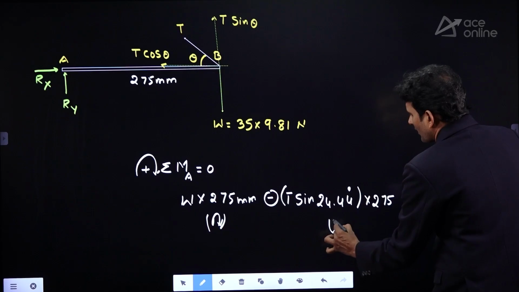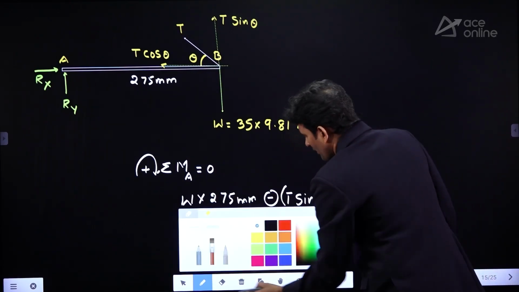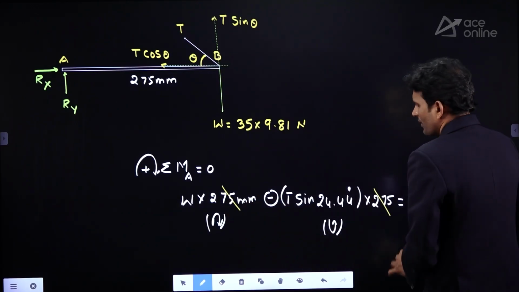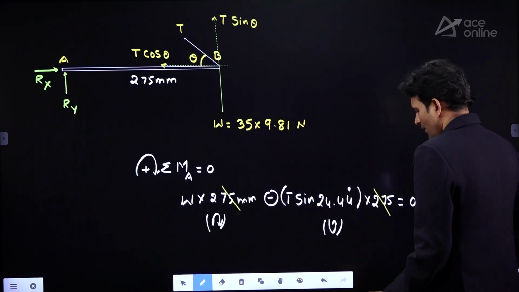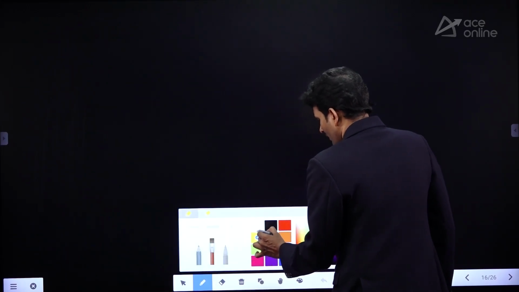It is anti-clockwise direction. It should be equal to 0. Very good. Now here, 275 and 275 get cancelled. If I simplify that, then what is the value we are having?